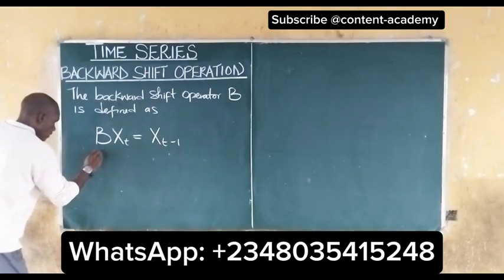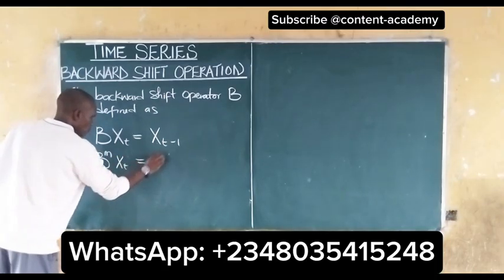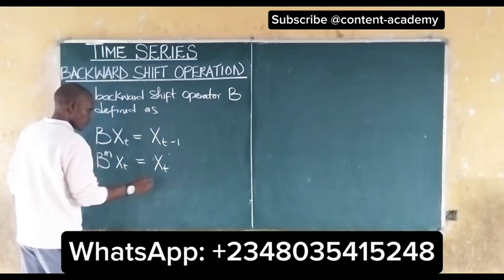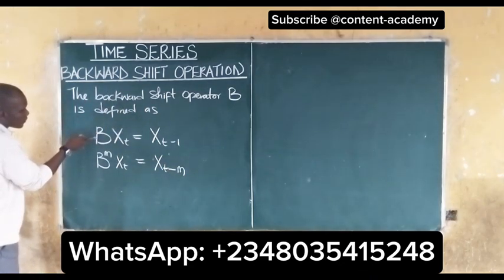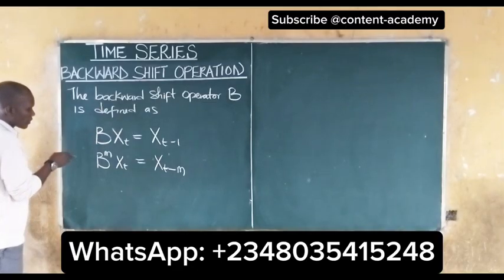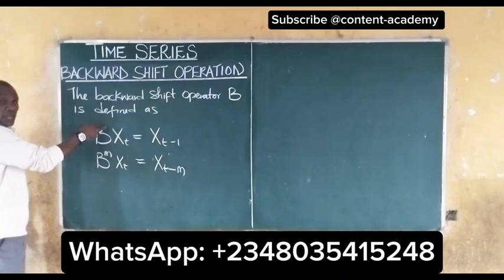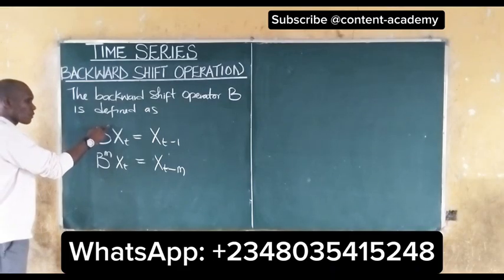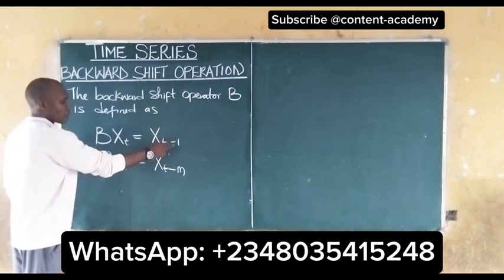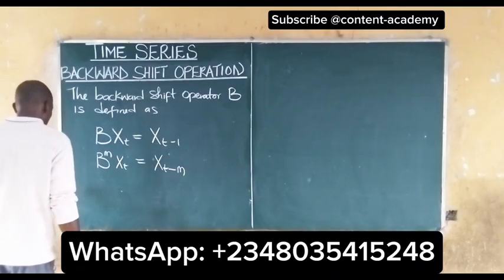It then means that B^n X_t is equal to X_{t-n}. How does this operate? Once you have B here, it's as if you have an invisible 1, that means B raised to the power of 1. Because of the shift operator, it becomes X_{t-1}. So that is how it works.